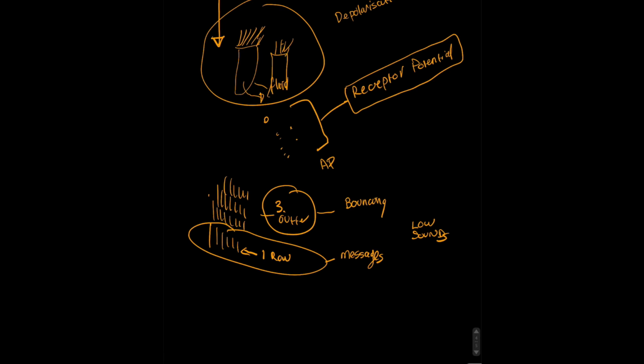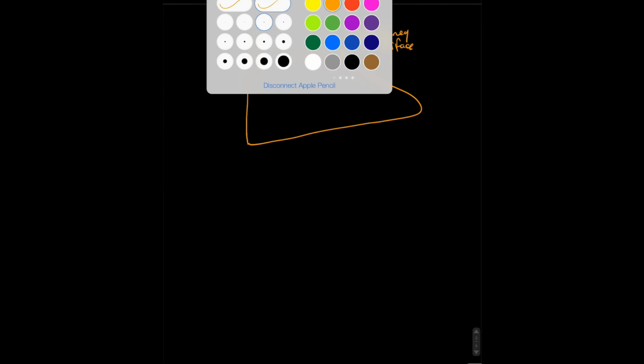Now, let's look at what actually happens when sound enters into the cochlea. Now we understand the hair cells, this is the cochlea. And I've told you that this is a hard, bony surface, but it has two holes.